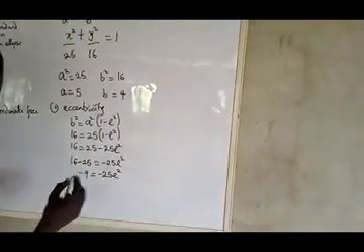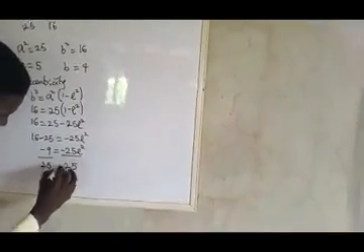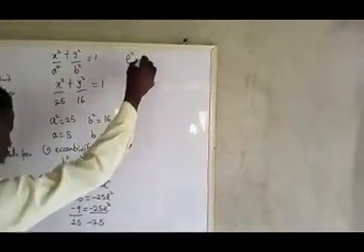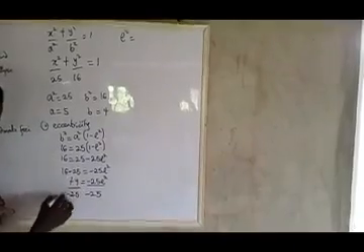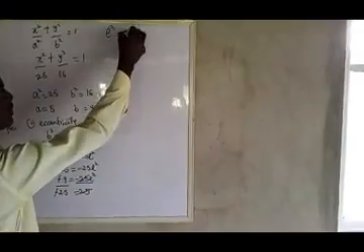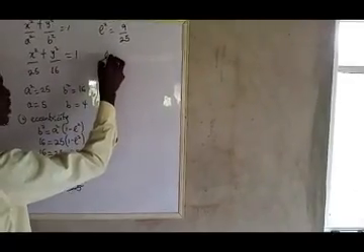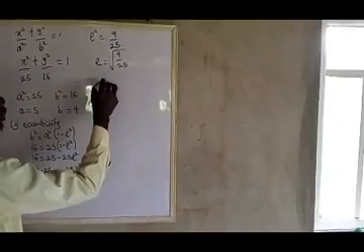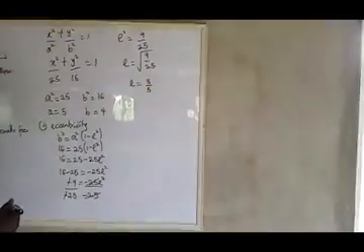The minus 25 will cancel the minus 25 here, so that means your E squared is 9 over 25. Square root both sides, and your E will be the square root of 9 over 25, which is 3 over 5. So that is your eccentricity.